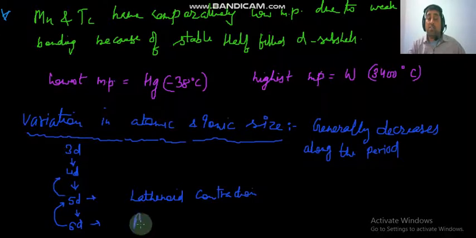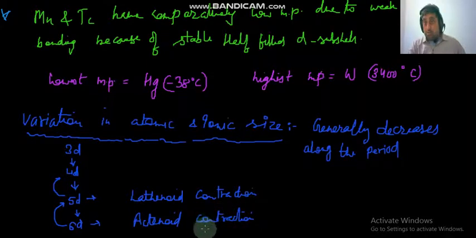And another term is actinoid contraction, which is stronger than lanthanoid contraction, and because of that the size of the 6D series is almost superimposed on the size of the 5D series.